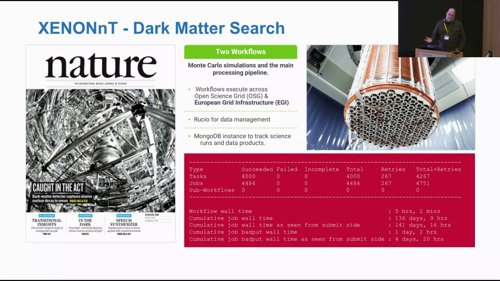Another example, I'm not going to talk in detail about it, but I want to talk about it in the sense that this is a very typical workflow problem. This is about the dark matter search. It has a detector in Italy that produces data, then that data flows to different collaborators all over the world.